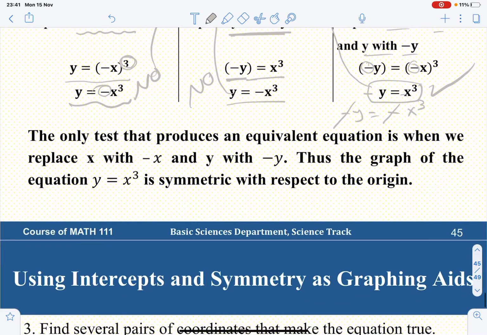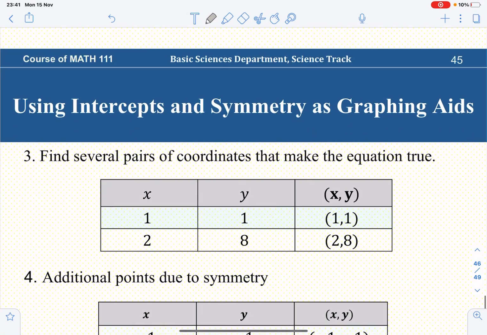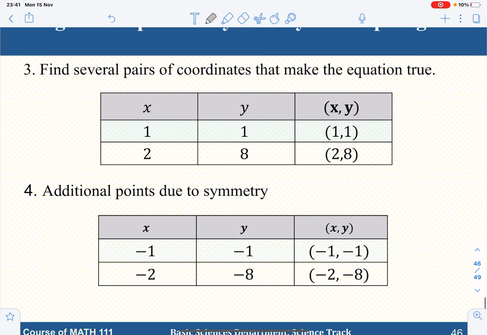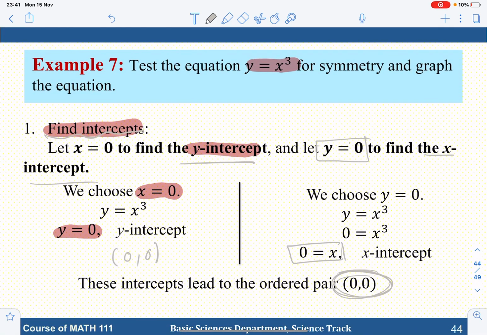Okay, so now to graph this equation, we need to have a couple of points. The first point that we already got from the intercepts is 0 and 0.